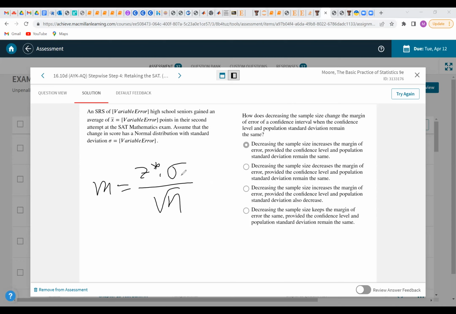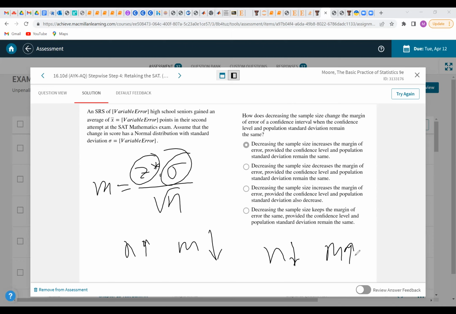So if Z star is fixed and sigma is also fixed, then if we increase n, the margin of error will decrease. And if we decrease n, the margin of error will increase, right? Because n, the sample size, is in the denominator.